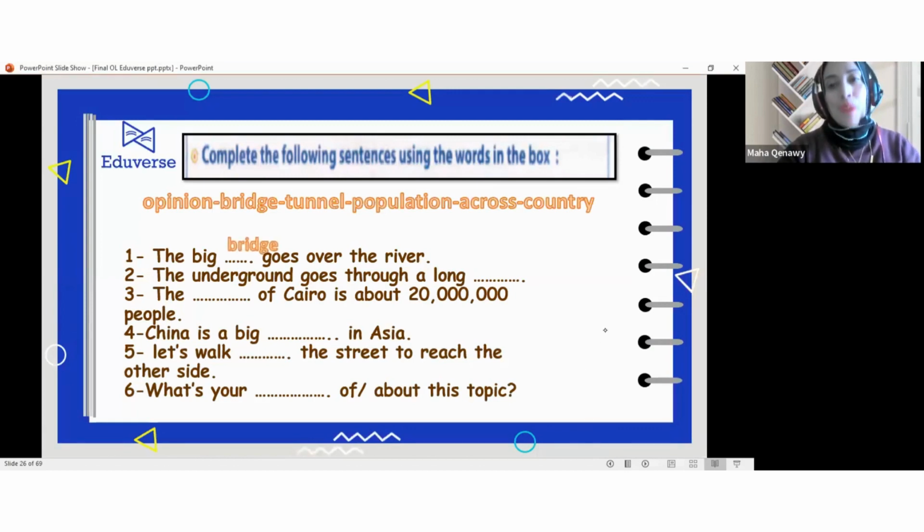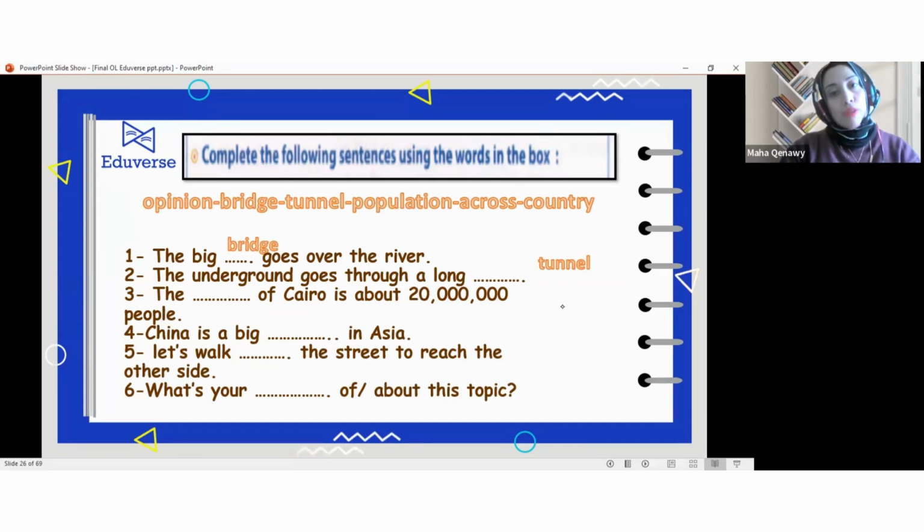It can also go over anything, a street, a road, a railway line. If it goes under or below the level of the ground, it's a tunnel, a place through which you can cross a road.